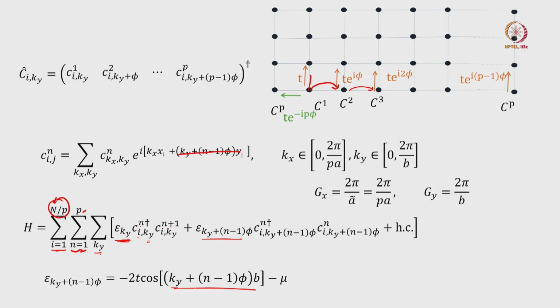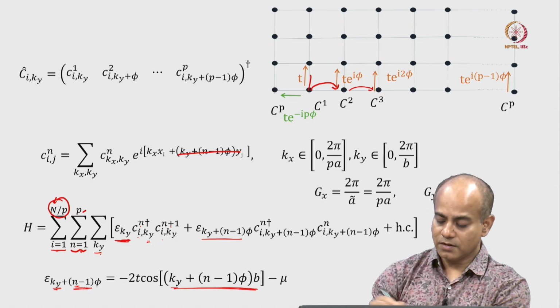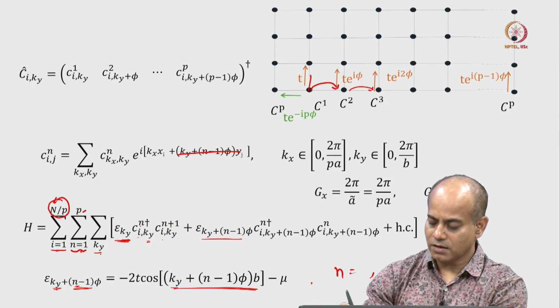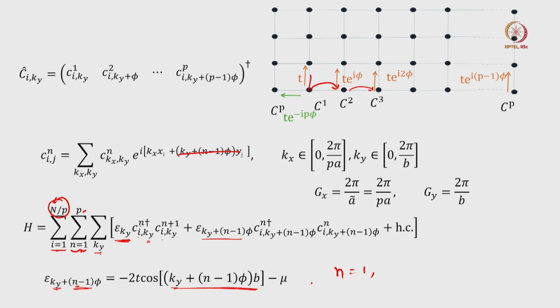So this will be the dispersion now. ky is still a good quantum number, but now you will have p number of bands, n goes from 1 all the way to p. So you will have p bands. The rest remains the same. It is better to just work out the intermediate steps, and you should be able to obtain it.